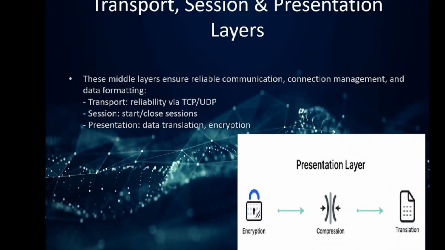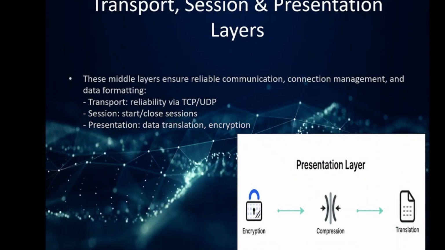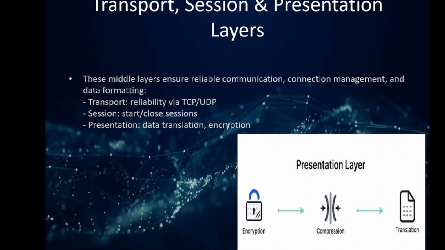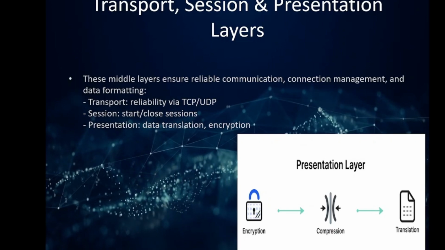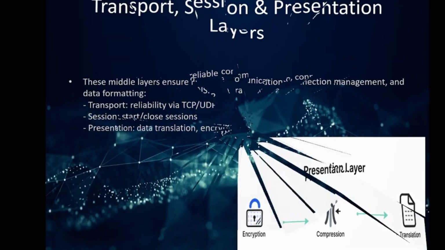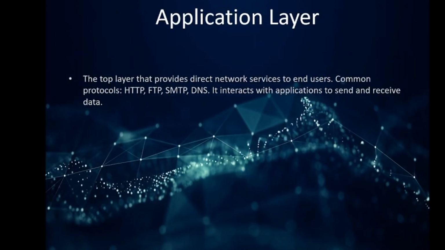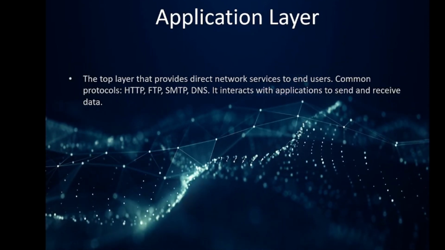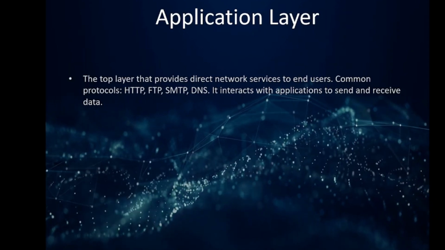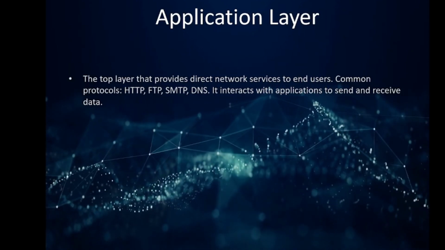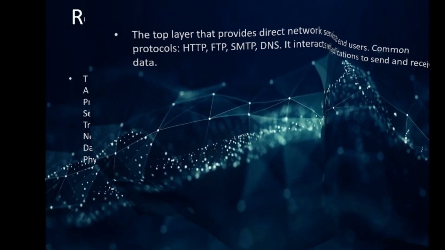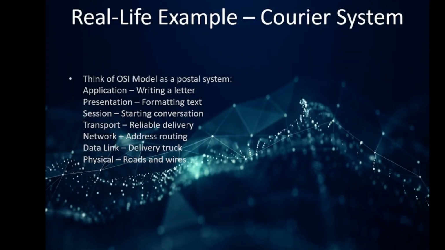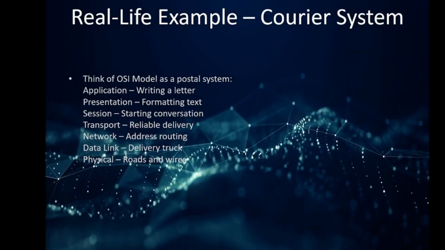Each layer adds or removes its own information, a process called encapsulation or de-encapsulation. For example, when you send an email, your message travels through all these layers, gets converted into signals, moves across the network, and finally reassembles at the receiver side.